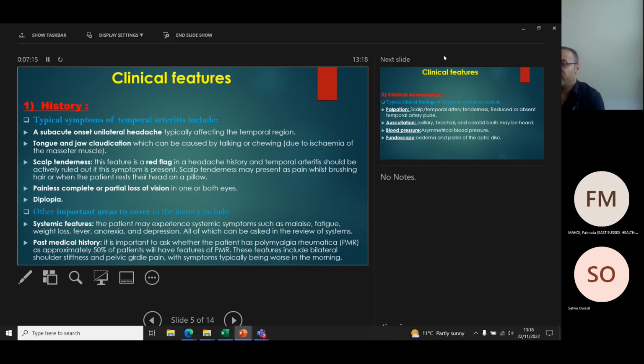As we mentioned before, 50% of temporal arteritis patients are associated with PMR. So constitutional symptoms are very important, including malaise, fatigue, headache, loss of weight, and of course muscle pain, shoulder pain, frozen shoulder, and morning stiffness, which are manifestations of PMR.